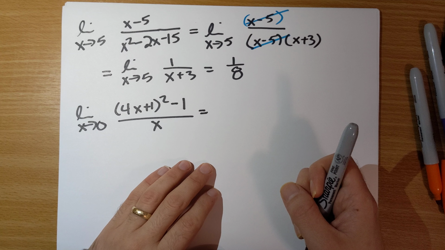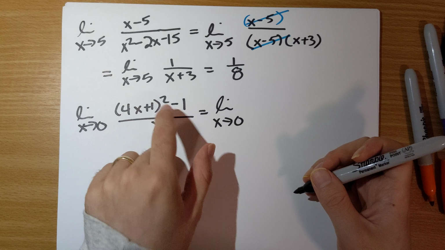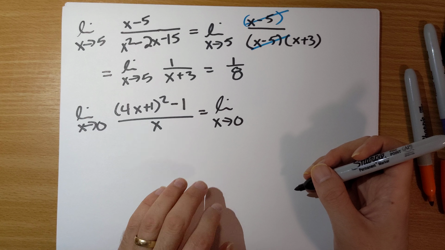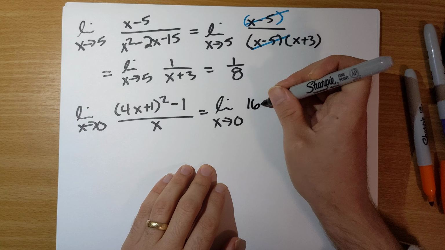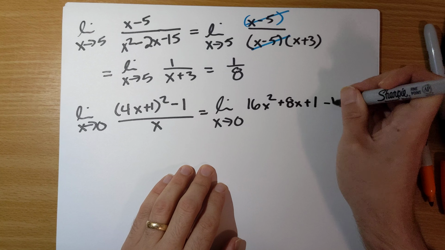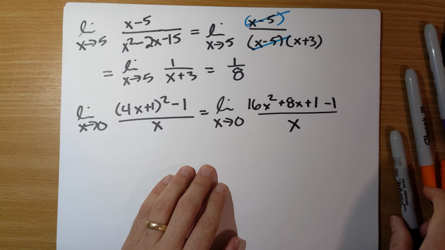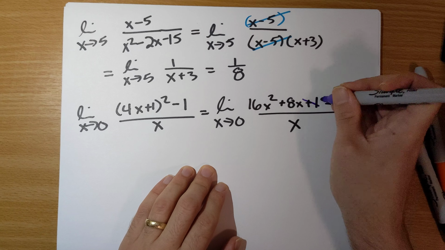Again, we have a 0 over 0 indeterminate form. What do? Let's do some algebraic manipulation, just as before. This time, let's expand out the 4x plus 1 quantity squared. It is going to be 16x squared plus 8x plus 1 minus 1, all of that over x.